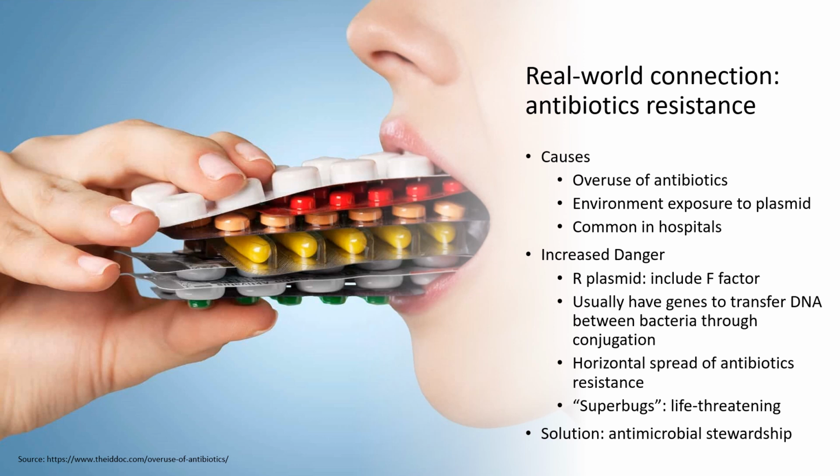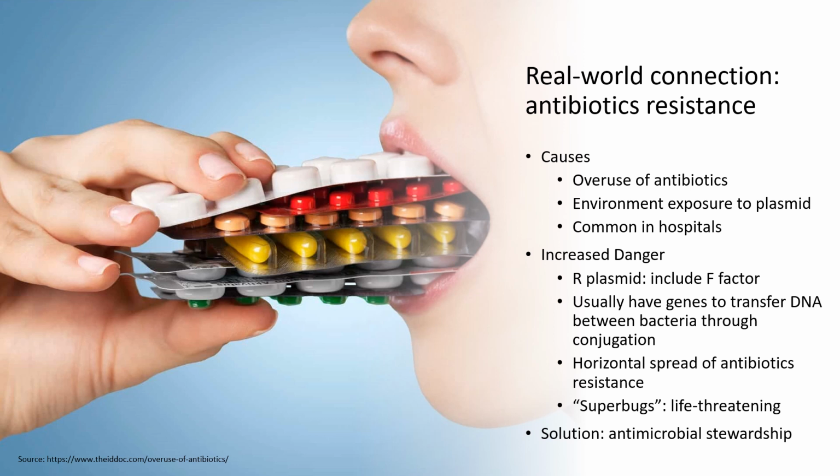As we have mentioned before, the plasmid that carries genes for antibiotic resistance is the R plasmid, where R means resistance. Many R plasmids, however, also contain the F factor. Therefore, they can transfer their antibiotic resistance genes horizontally between different bacteria through conjugation.